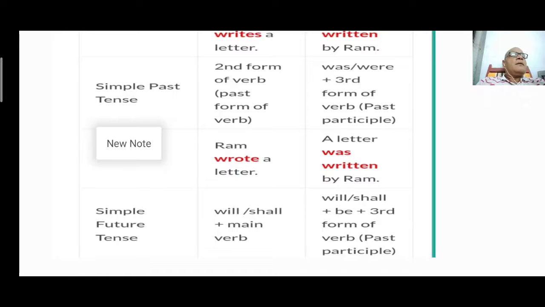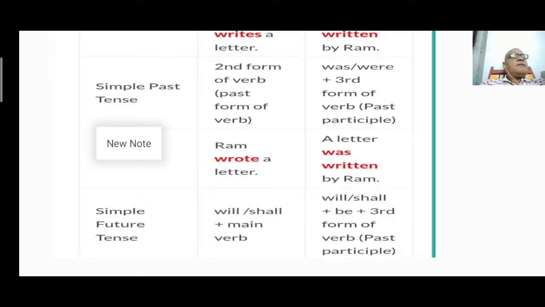Rama did not write a letter. A letter was not written by Rama.